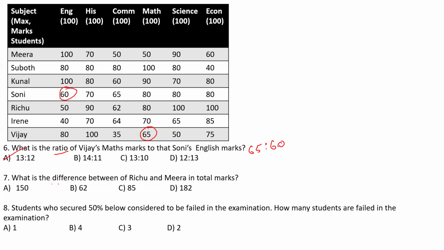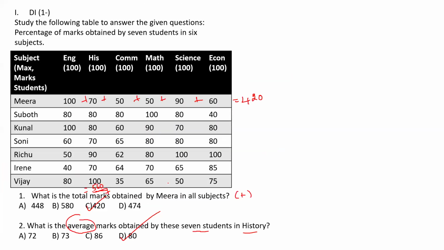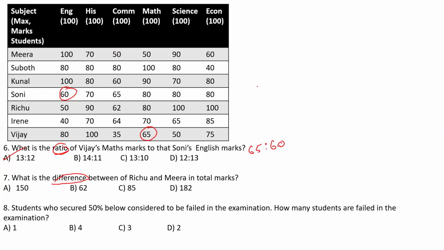Next, what is the difference? So this is a ratio question and then a difference question. The difference is between Richu's and Meera's totals. Meera's total we have already found, right? 420 in the first question. Richu's total we have not found yet.